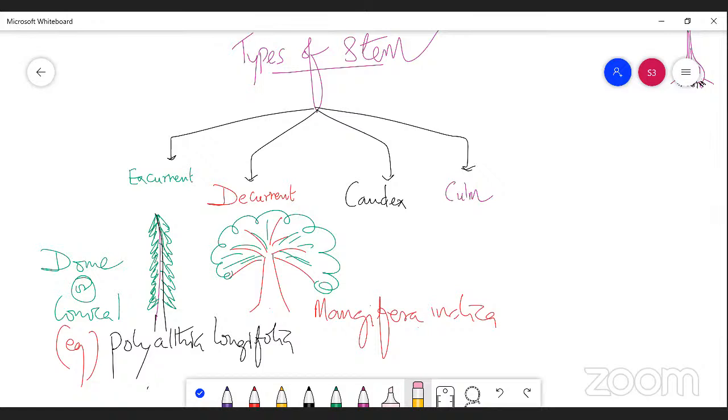The next category is codex. Actually, codex is unbranched. In the case of Cocos nucifera, this is the stem. It is unbranched and cylindrical in structure.